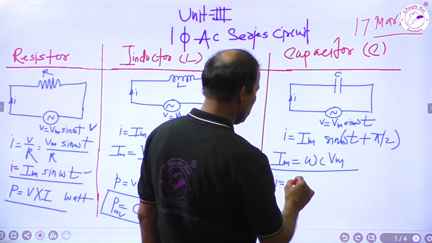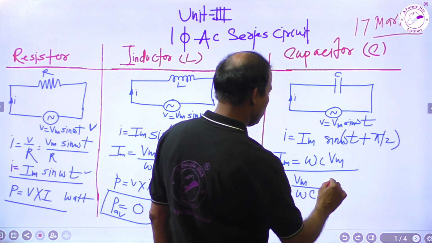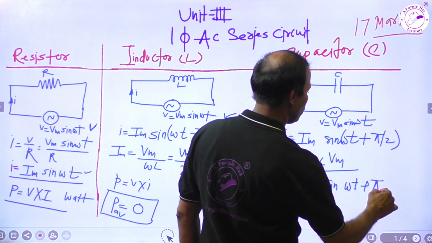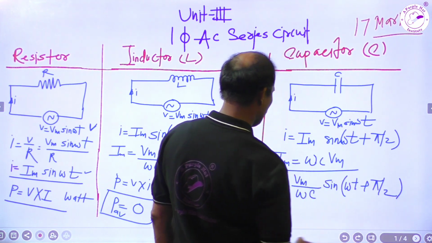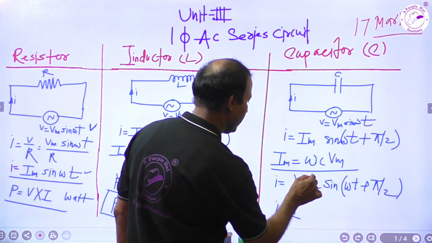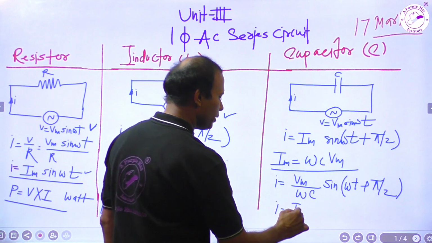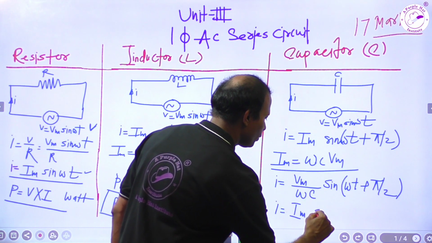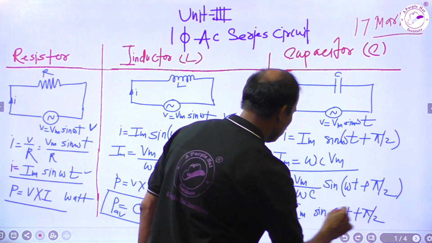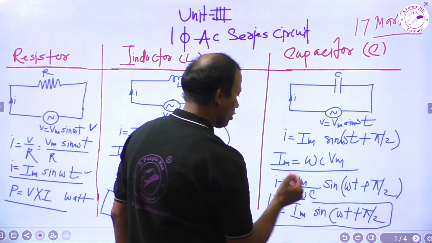I is equal to Vm upon omega C sin of omega t plus pi by 2. So I is equal to Im. This entire term Vm by omega C is Im, so I equals Im sin of omega t plus pi by 2. This is my required expression for the current through a capacitor.